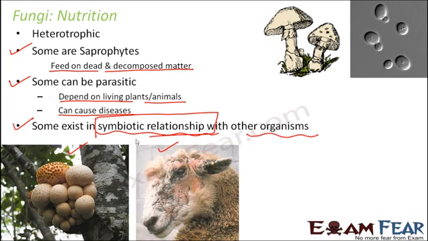It is a special type of relationship where a fungi lives inside the body of another organism. The fungi will derive some benefit from that organism, and the organism will also derive some benefit from the fungi. So it is a mutual benefit relationship, and symbiosis is a very common type of relationship seen in case of fungi.